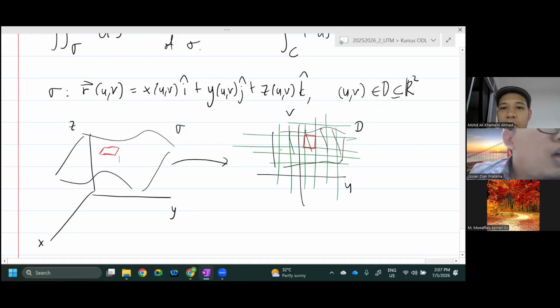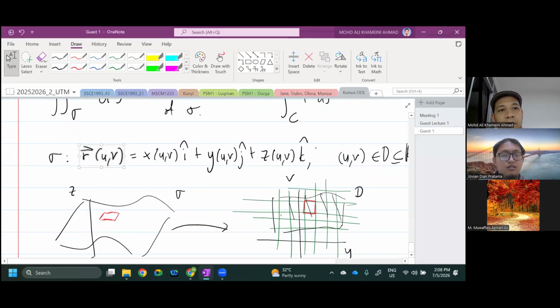So what do we need to do in order to compute the area of this one? One way is we use this parametric equation here. Let me use blue color here.